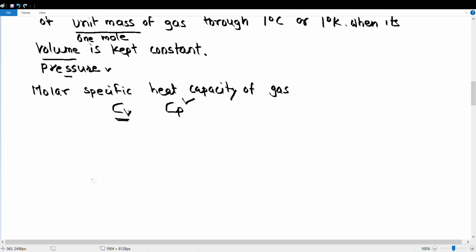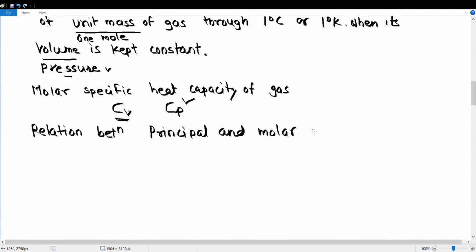Now let us see the relation between principal and molar specific heat capacity. The relation is very simple.